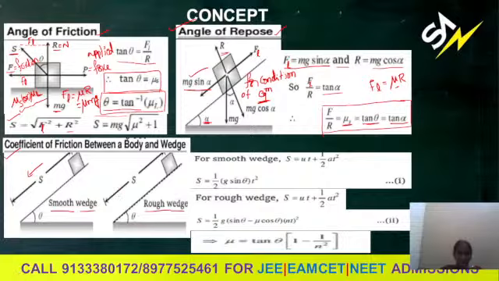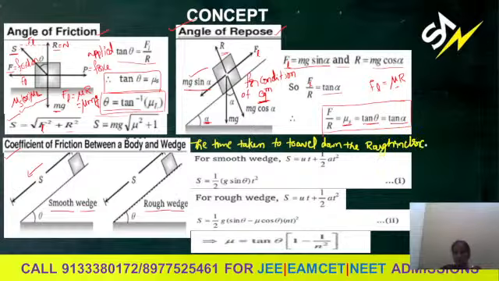Here we have to remember one point. The time taken to travel down the rough incline is n times greater than on the smooth incline.